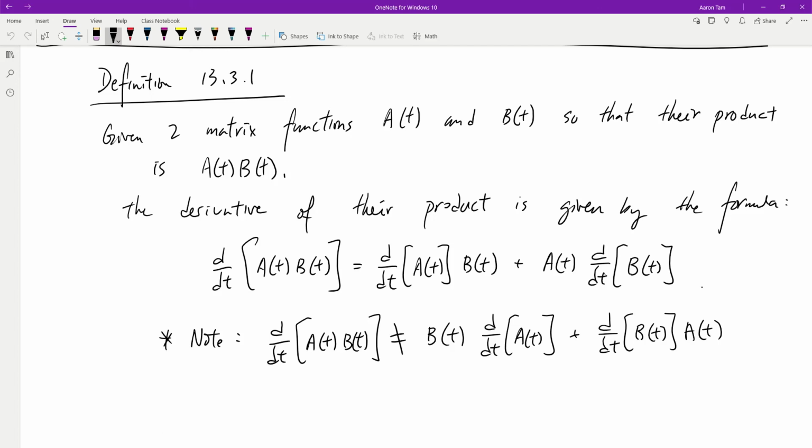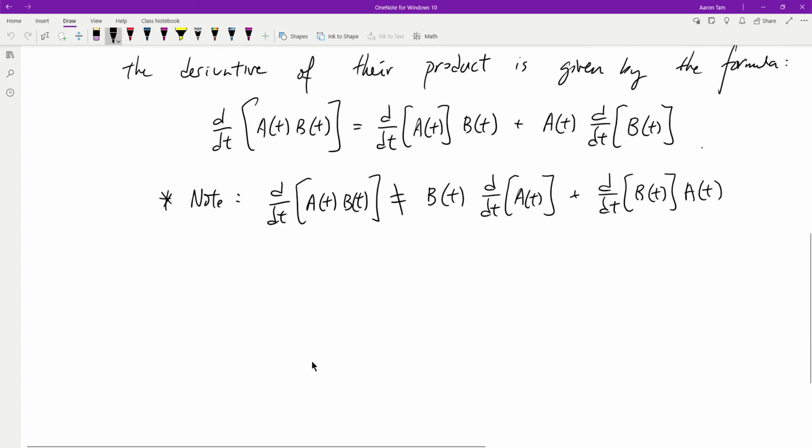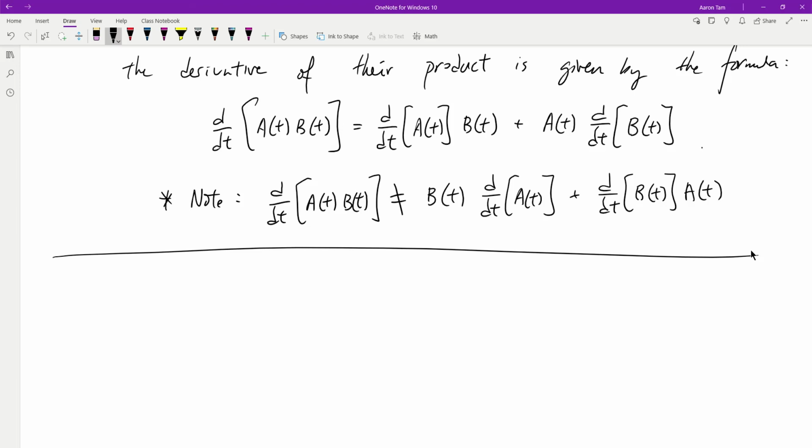So now that we have this definition under our belt, we can talk about how to form a solution to a non-homogeneous system of differential equations. That would be theorem 13.3.2, which states the following. Let's say we're given the vector differential equation.